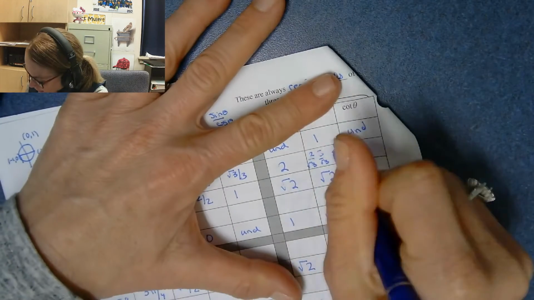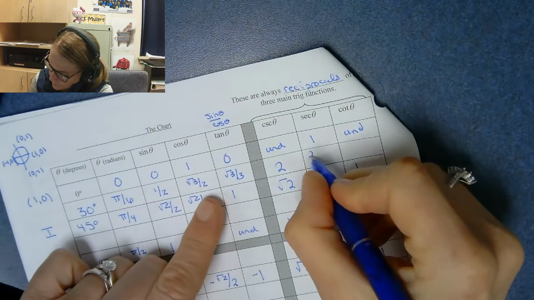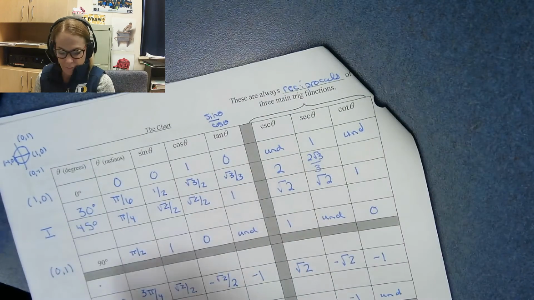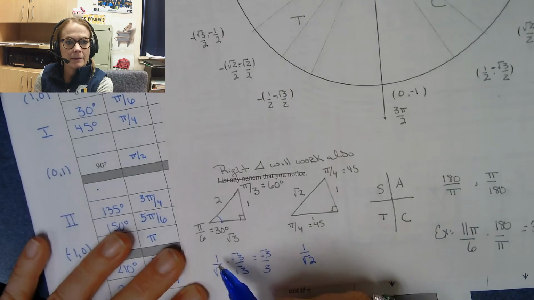So that looks kind of messy. I'm just going to do 2 root 3 over 3. And when this is reciprocated, we do it pre-rationalized. So the reciprocal of 1 over root 3 is just root 3.